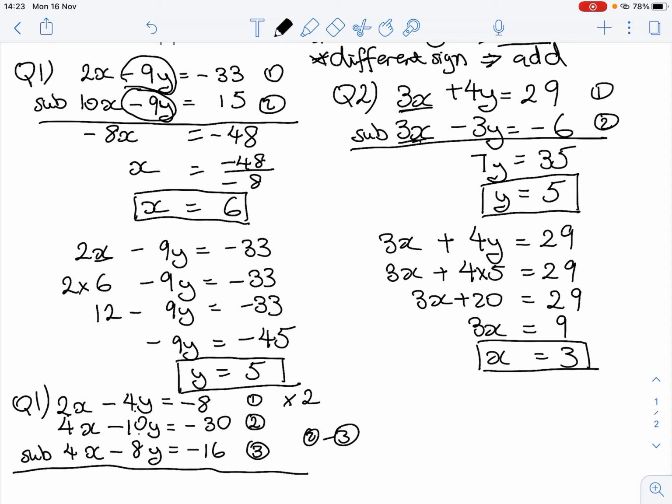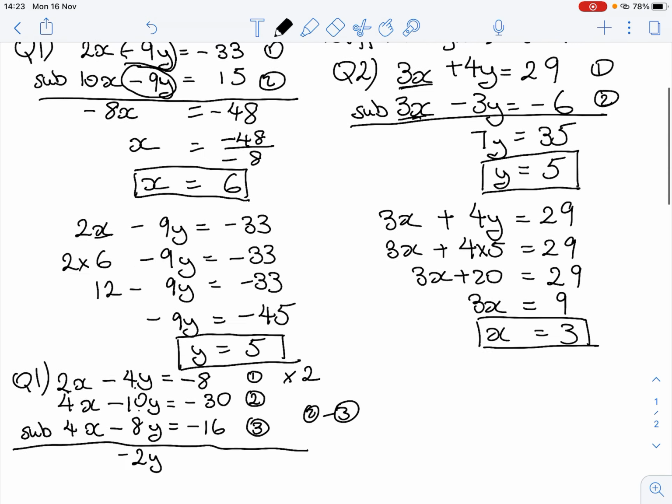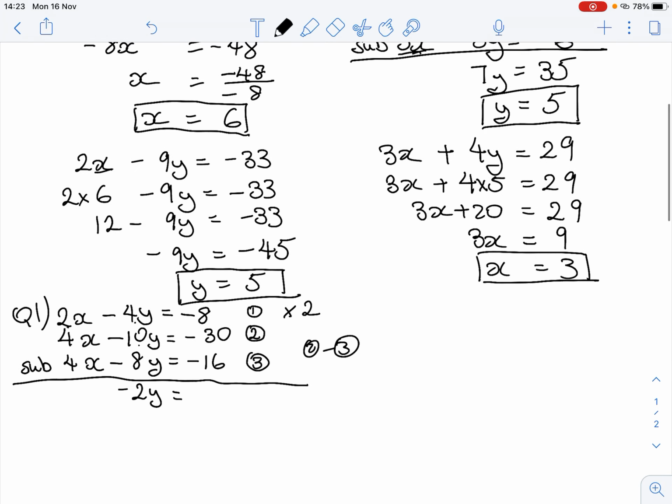Minus 10y subtract 8y, so it becomes minus 10y plus 8y, which is minus 2y, equals minus 30 subtract minus 16, which becomes minus 30 add 16. So we have minus 14.